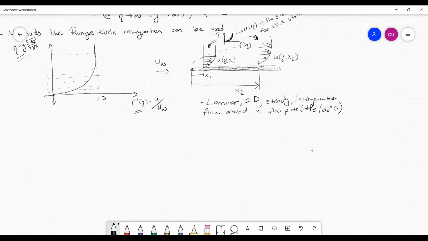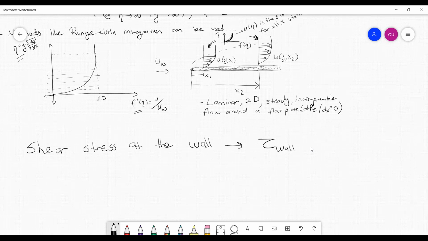For example, one thing that we are interested in, as of course aerospace engineers, is the drag coefficient. And we know that it is related to the shear stress at the wall. We call it tau wall.